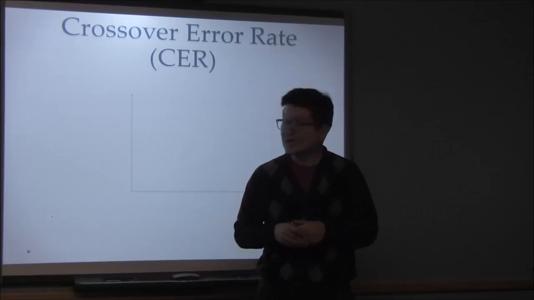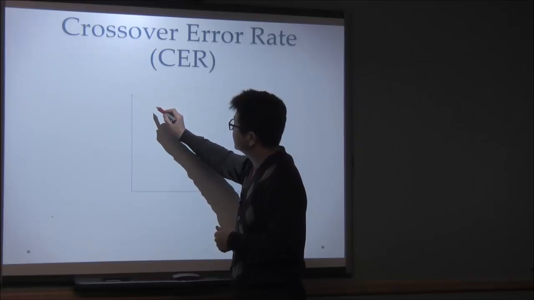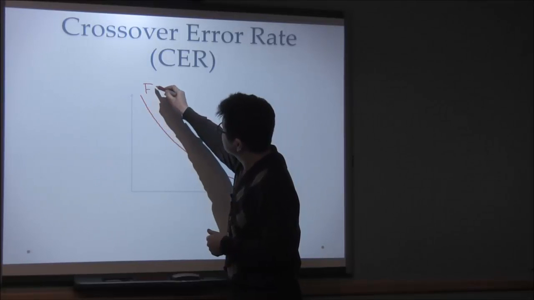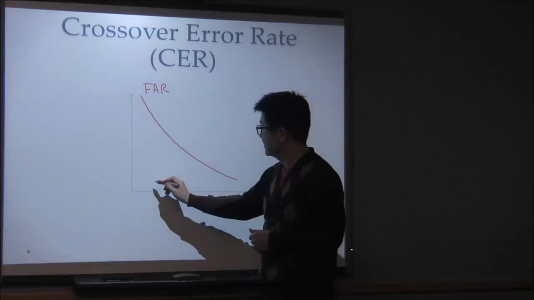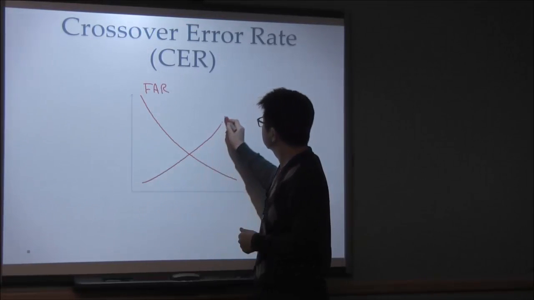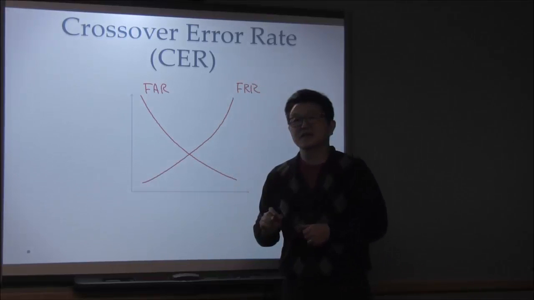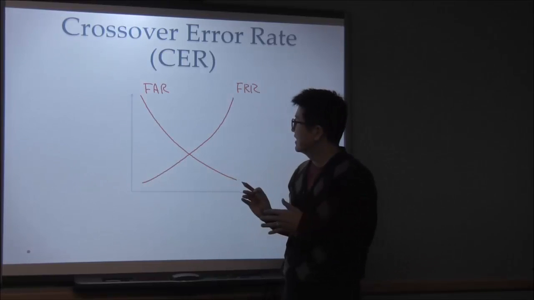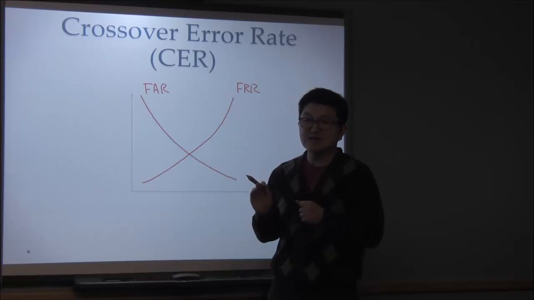But as we saw in the graphs, the false acceptance rate was going this way, and the false rejection rate was going this way. You cannot really have both of them low in the same graph, and you can see that they're going in two different directions.